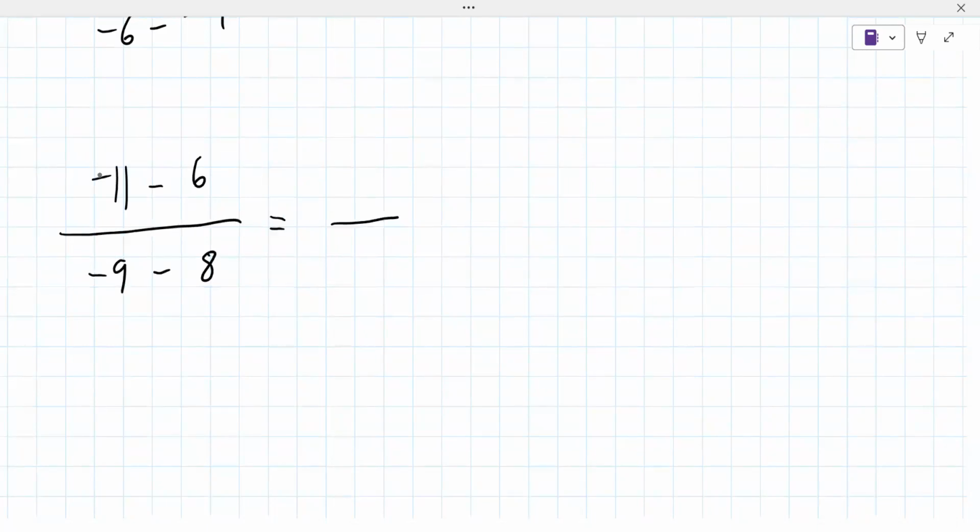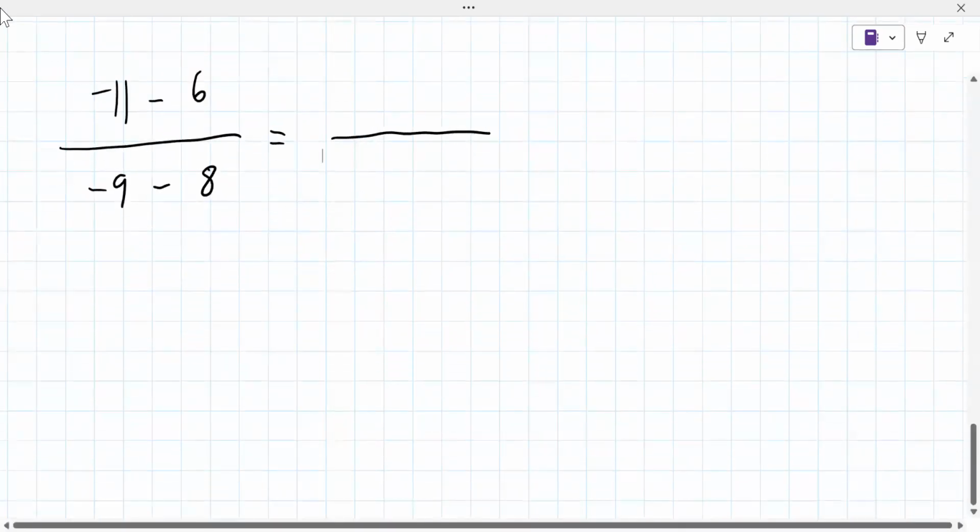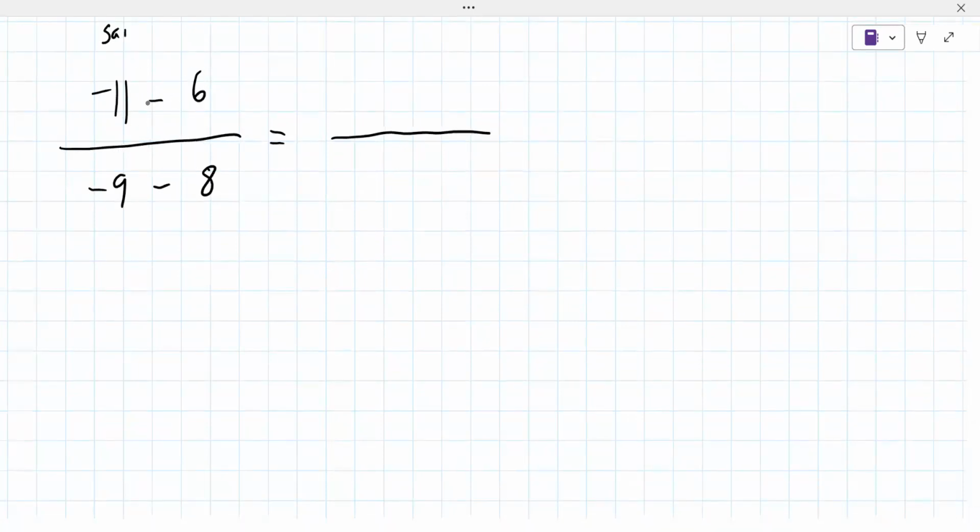Okay. So you might make a note that in the numerator, these are the same sign, which means that you keep the sign.